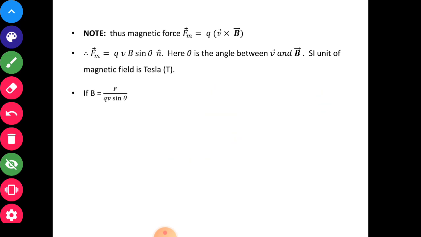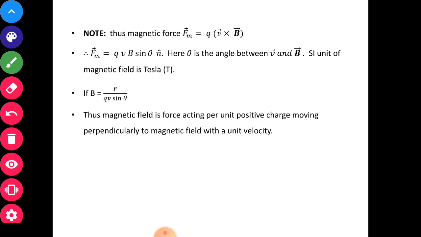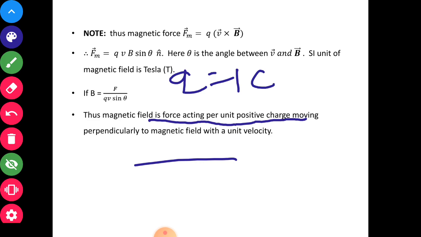Now try to understand. Thus magnetic field is the force acting per unit positive charge moving perpendicularly to the magnetic field with unit velocity. Take Q equal to 1 coulomb.